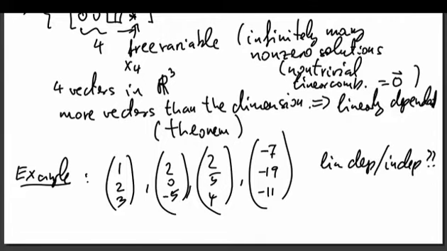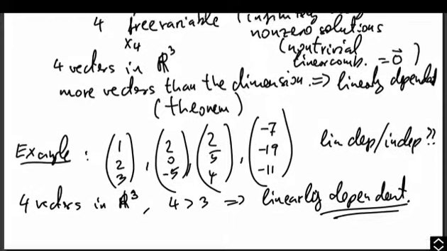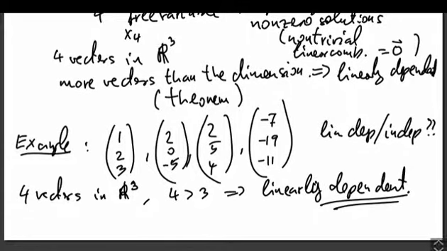So first of all, these are 4 vectors in R3. 4 is larger than 3. That means we know for sure that this will be a linearly dependent list of vectors. So this part is easy to answer, but then what requires a significant amount of work is how to get a non-trivial linear combination.